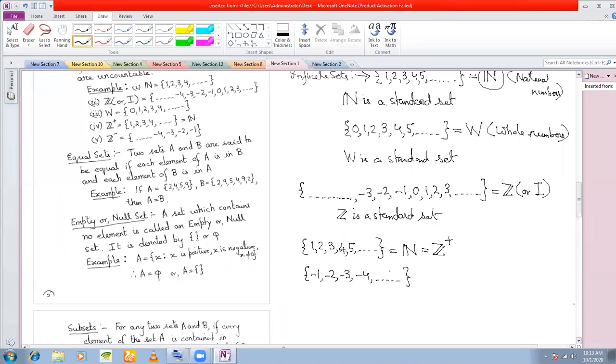Next, what about this set? This is the set of negative integers. So we write this as Z and then a negative sign above. Okay, both these sets are standard sets. A set of positive integers and a set of negative integers are standard sets.